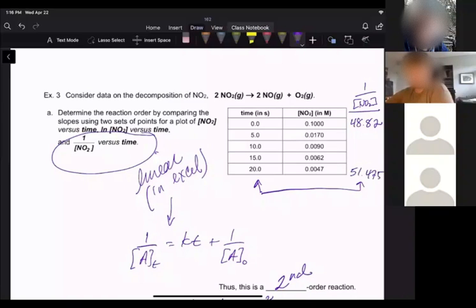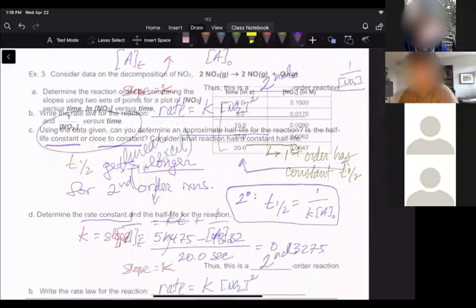Right, so I'm just taking the value of concentration and taking 1 over that. So you can do this with a calculator in your hand. You don't have to have Excel. We use Excel to determine that it was second order, but from that point, you can just calculate what you need. And then we'll do a slope between those 2 points.